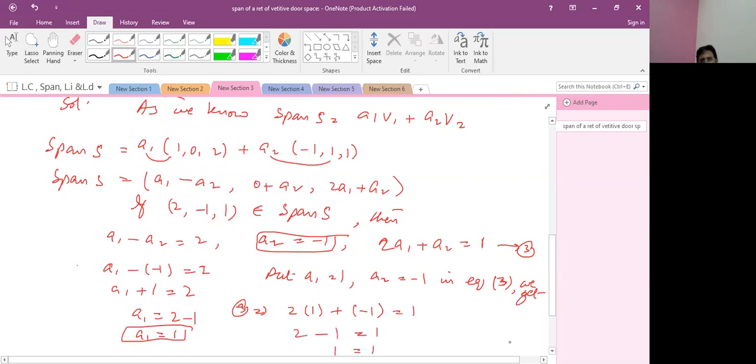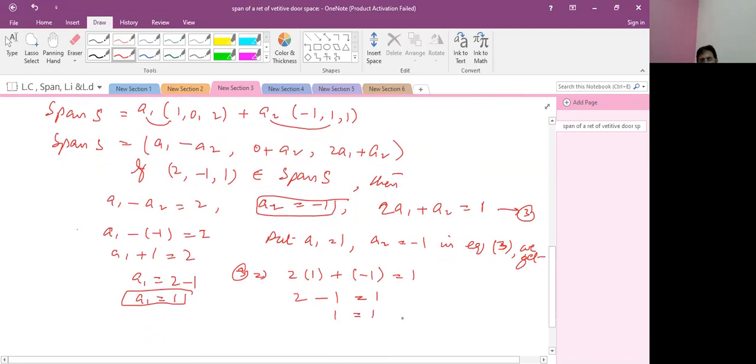So 1 equals 1. Hence, because the equation is satisfied by a1 and a2, these are the linear combination of the given vectors v1, v2. Hence the vector (2, minus 1, 1) is in the span of S.